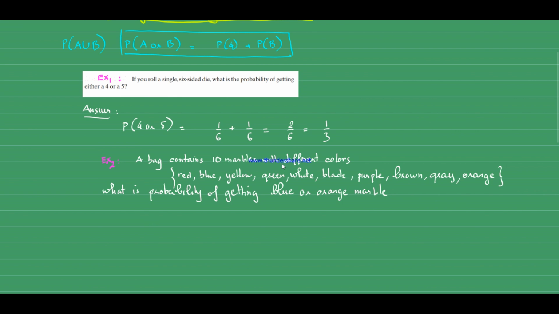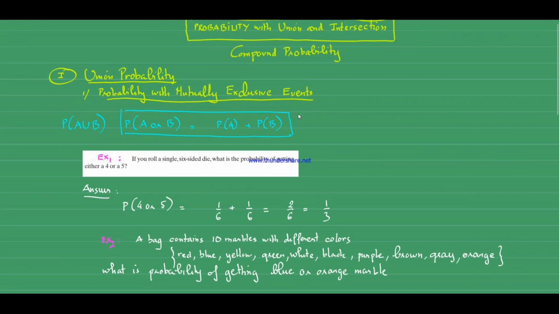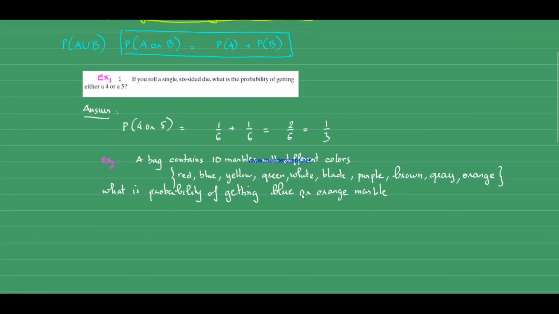We don't have any marble that is blue and orange at the same time, so they are exclusive events. So the probability of blue or orange will be the probability of getting the blue marble plus the probability of getting the orange marble.